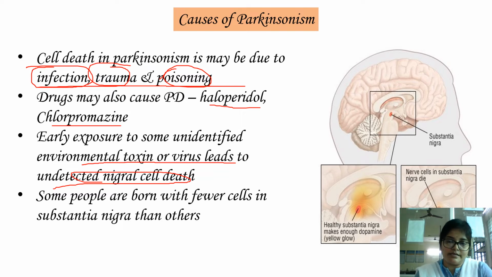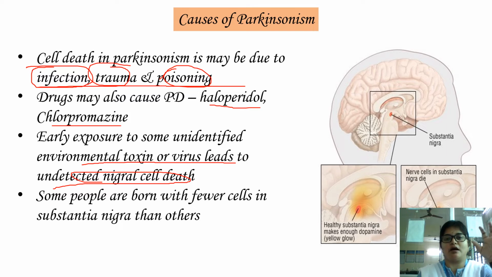We don't know what the reason is, so it could be a genetic cause. So when fewer cells are present, it cannot produce the dopamine properly. When dopamine is not produced, it is not going to function in the coordination between the muscles and the movement.